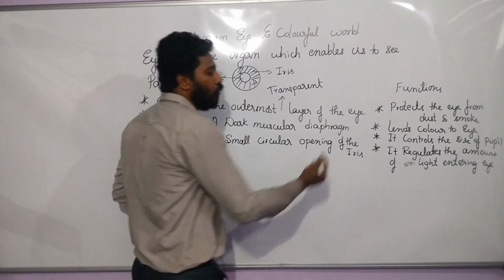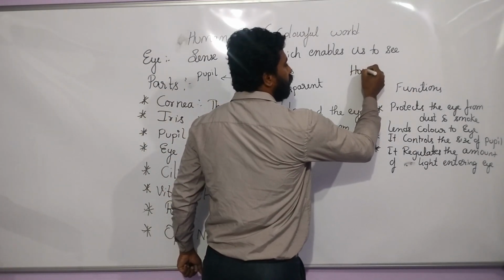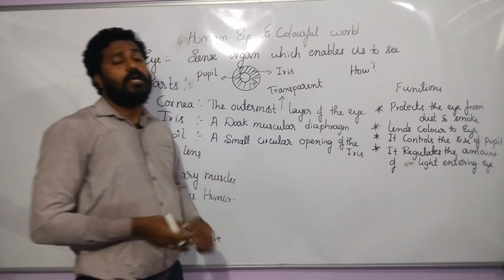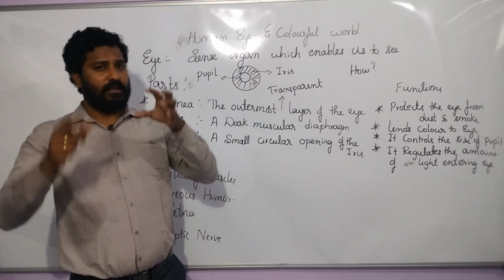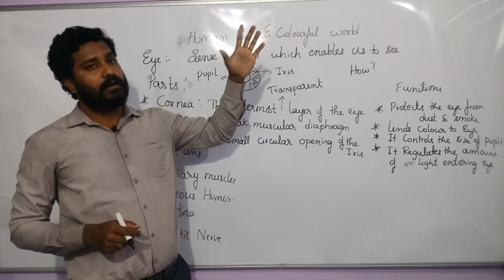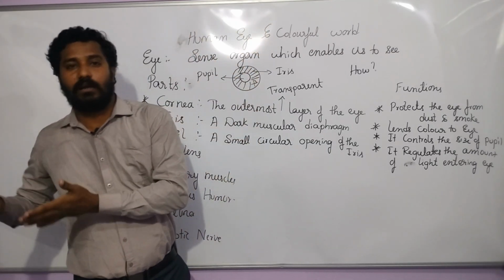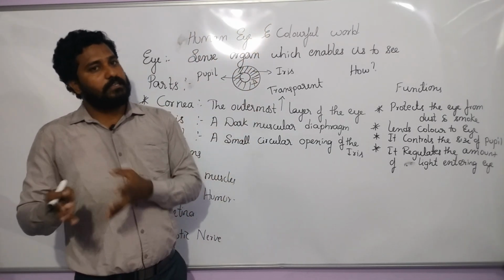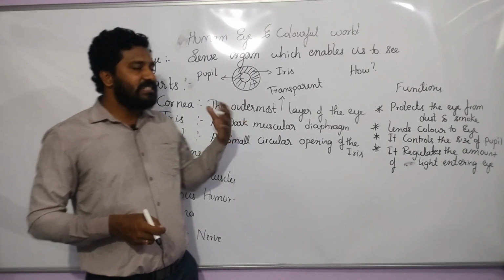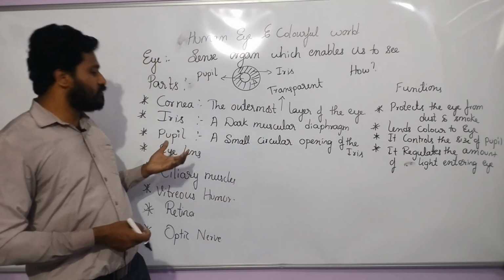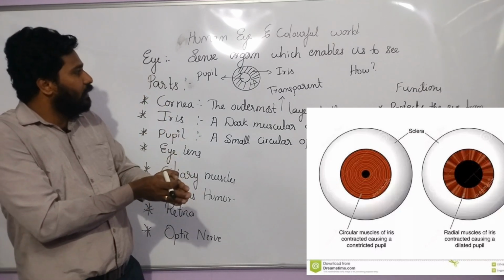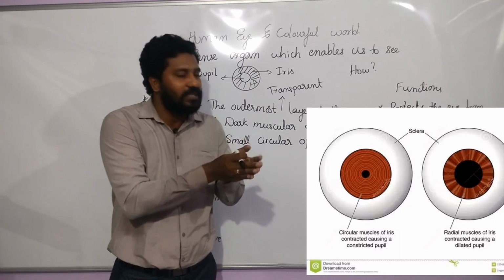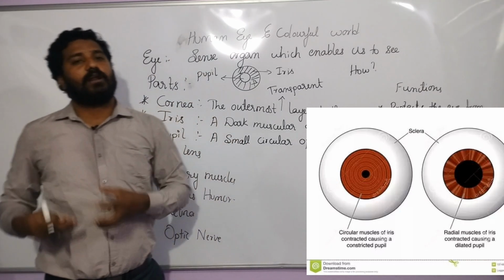They will ask you one more question: how does it control? Suppose you are looking at a brighter light; it's very difficult to focus on other light. This question they will ask in the exam also. How does the pupil regulate the light in our eye?